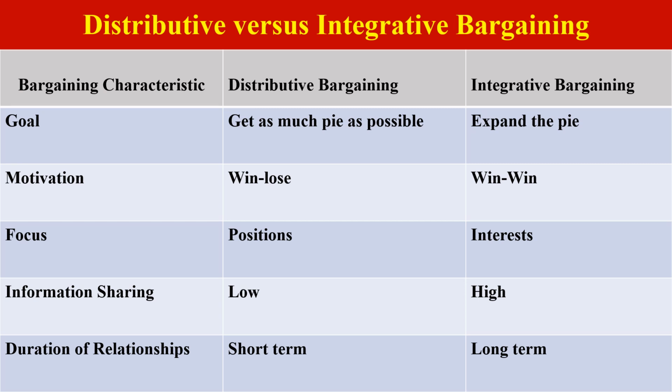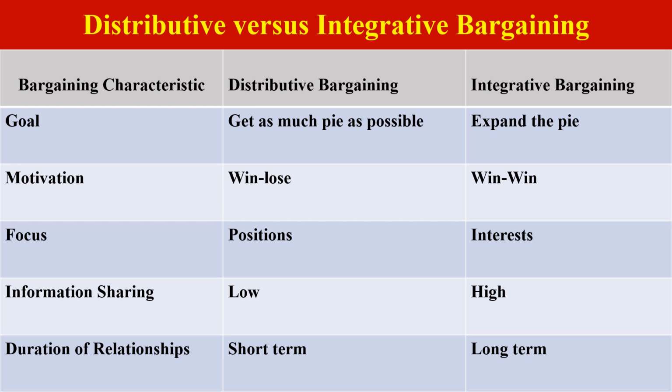Distributive bargaining results in a win-lose situation, and integrative bargaining leads to a win-win situation. In distributive bargaining, the focus is on achieving a high position, whereas integrative bargaining results in securing the interests.